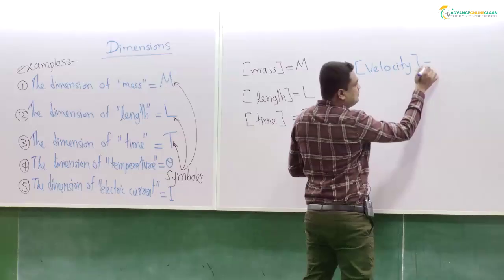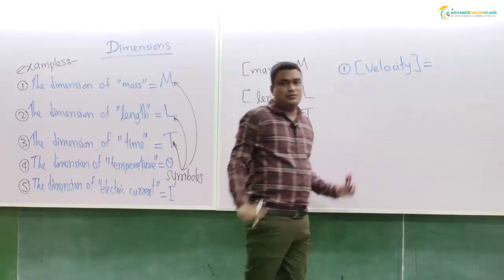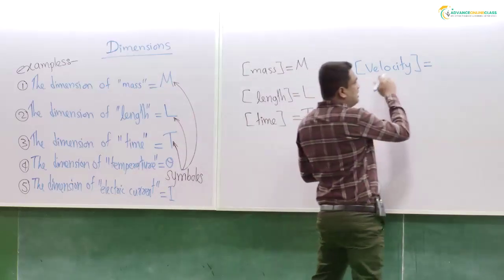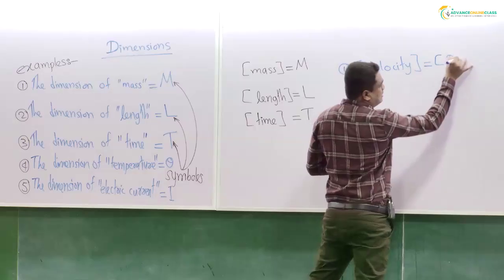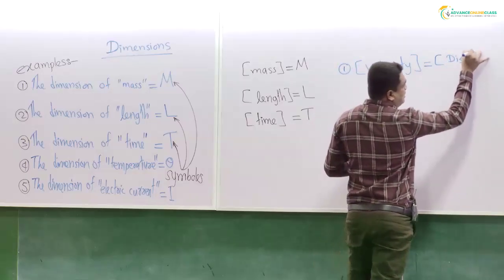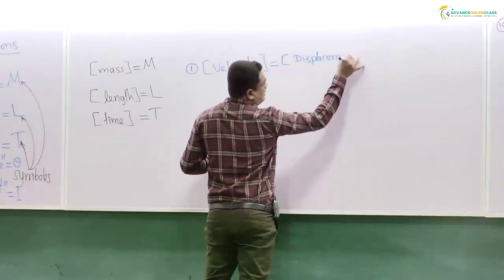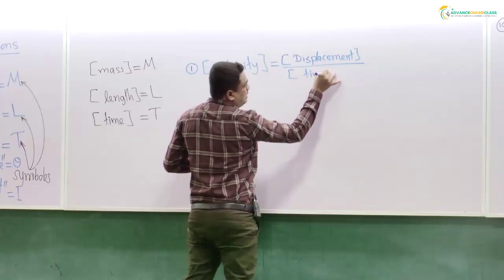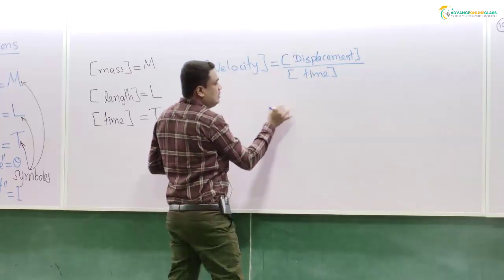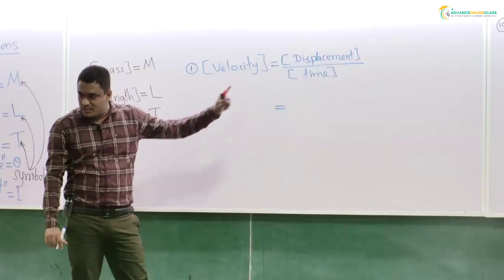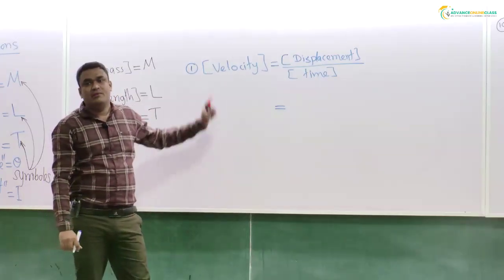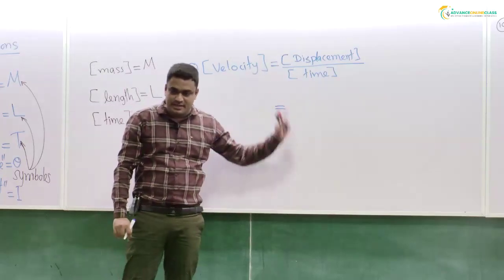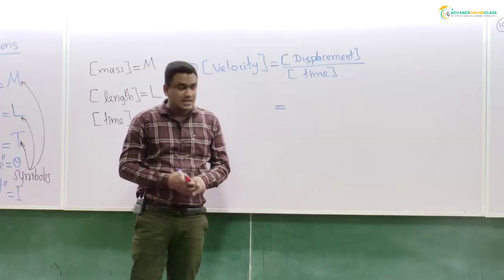Velocity equals displacement over time. Please don't write anything. Therefore, dimensions of velocity equals dimensions of displacement divided by dimensions of time taken.